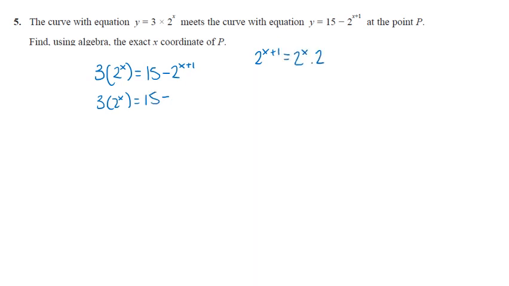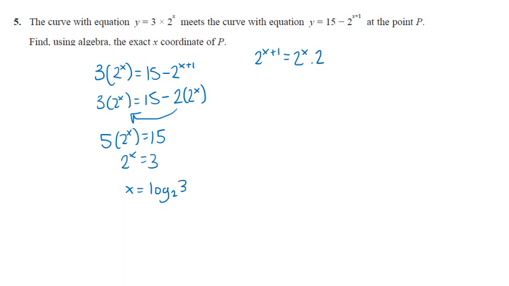So we've got 15 minus 2 times 2 to the x. So if we add that term onto the other side, we've got 5 lots of 2 to the x is equal to 15. So 2 to the x is 3, and x then is log base 2 of 3. And that's all we need, the x coordinate. We don't need to find y.